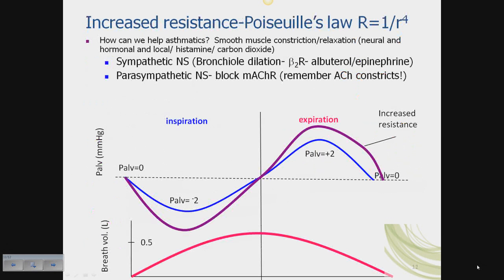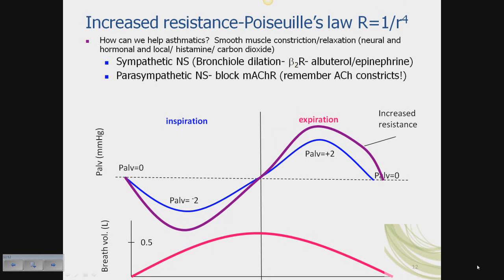So, with increased resistance, as I said before, we're going to have to use an increase in volume changes to get changes in pressure in order to get airflow to come in and out of the lungs.